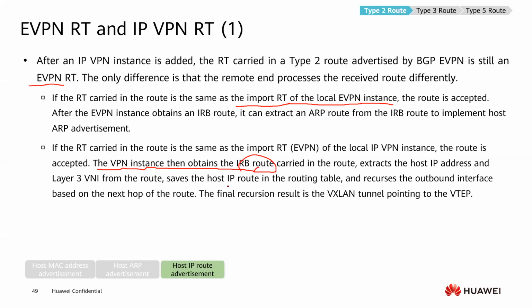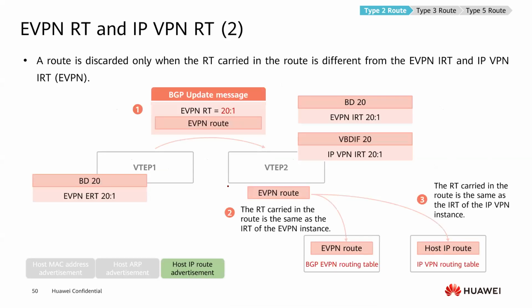So what does it mean? Maybe we can use the figure to explain it. You will find that for VTEP 1, we configure the BD, BD20, and in BD20 we configure the EVPN export RT value, it is 21. This type 2 route will be carried by the update message along with the RT values.